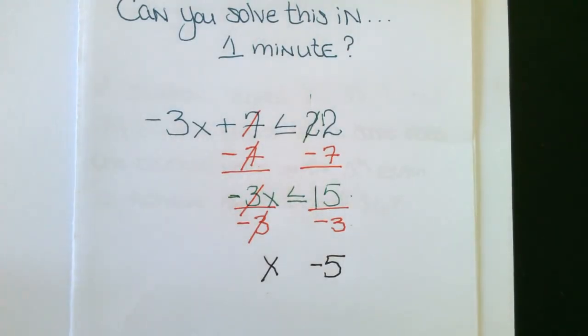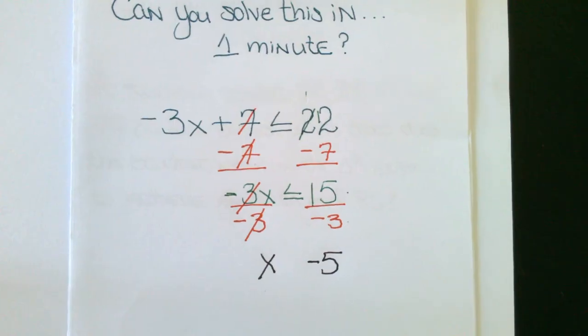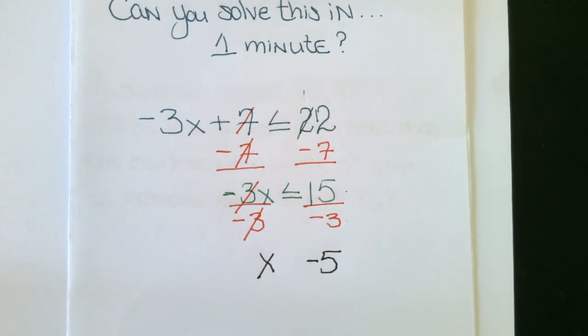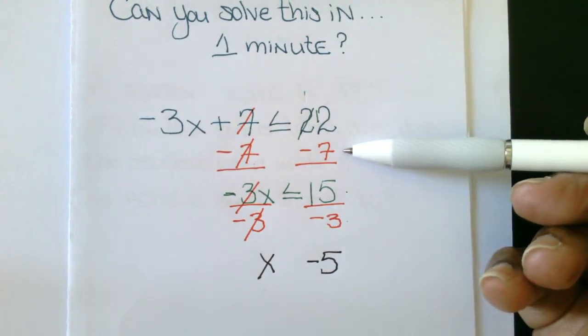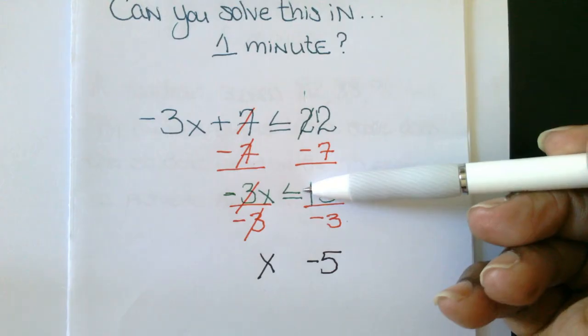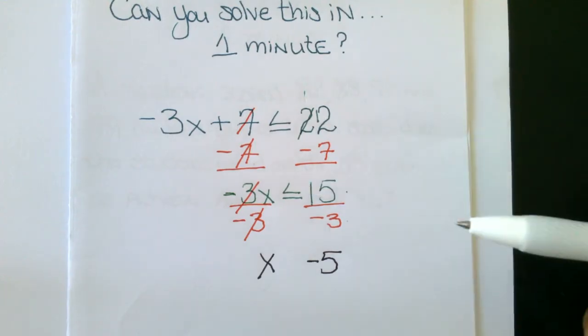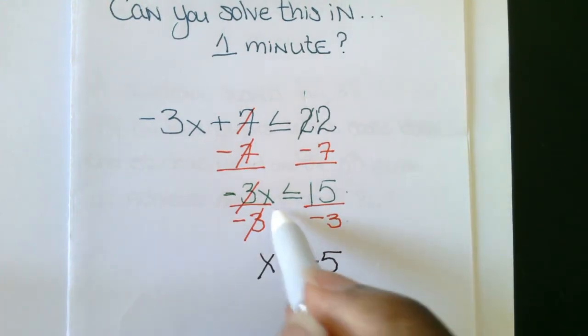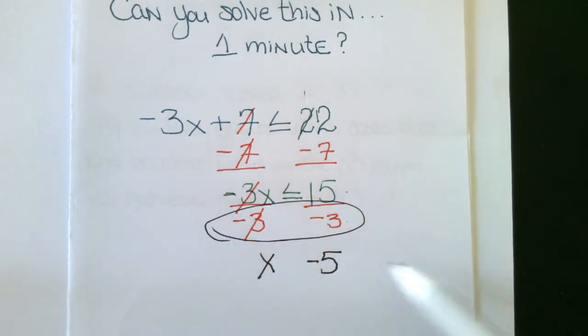Now this is the part where a lot of people generally get some things wrong, okay? When we subtracted on both sides, notice the inequality sign did not change. But this time, right here, we divided by a negative 3.